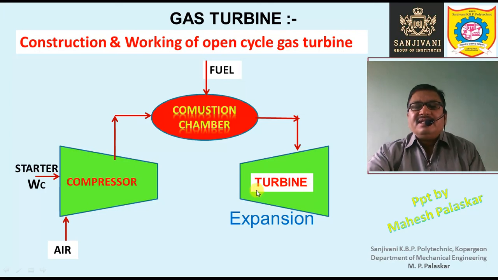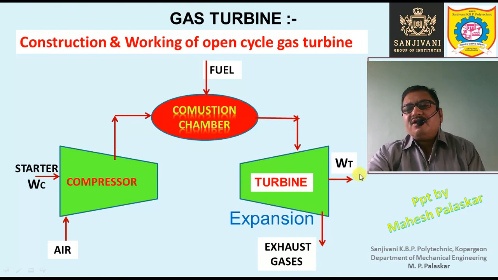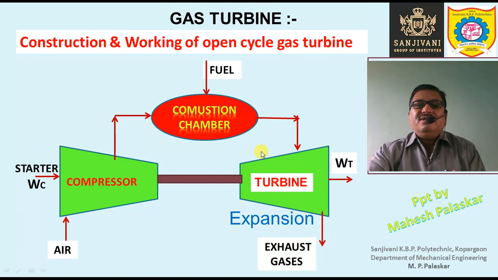The pressure energy gets converted into kinetic energy due to the expansion of the exhaust gases, and the expanded exhaust gases will leave the turbine, thus giving us the mechanical work or mechanical power. So the mechanical work WT is given by the turbine, but part of this work is utilized in driving the compressor.